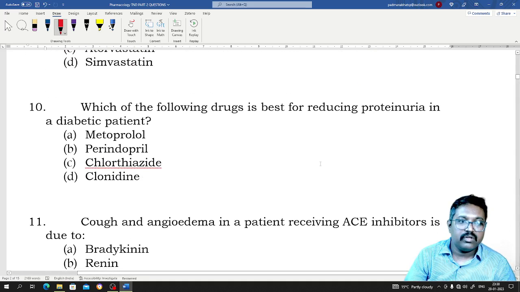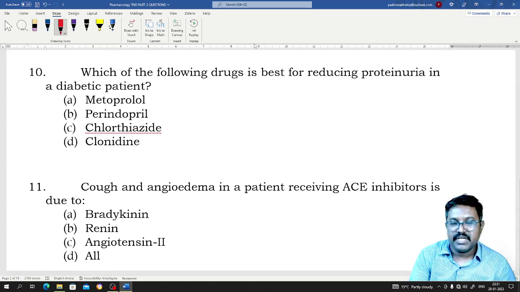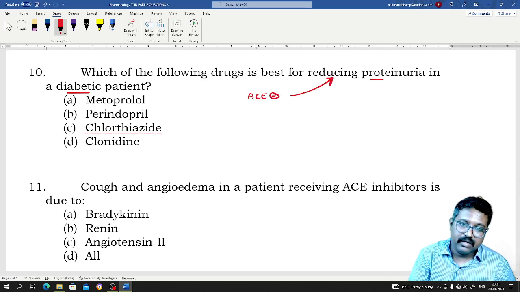So next, moving on to the 10th question, that is which of the following drugs is best for reducing proteinuria in case of diabetic individuals? So among the diabetic individuals or normotensive individuals, ACE inhibitors are the drugs which are going to reduce the proteinuria.